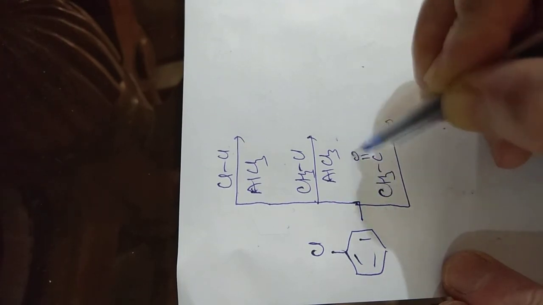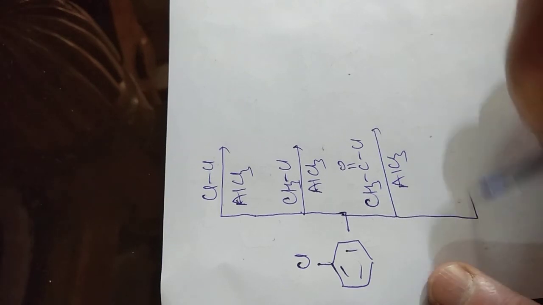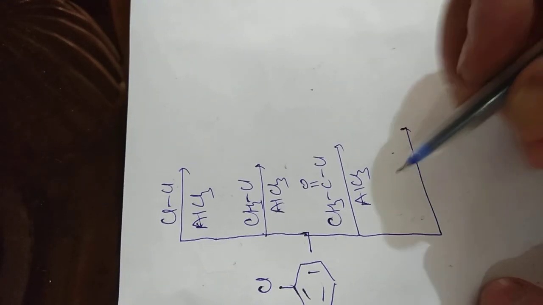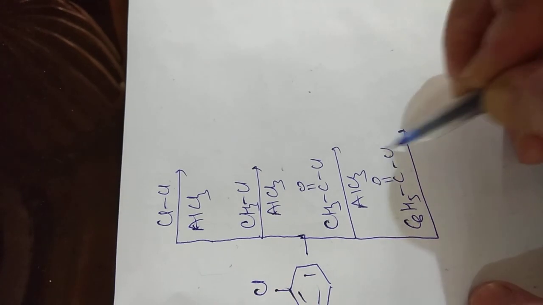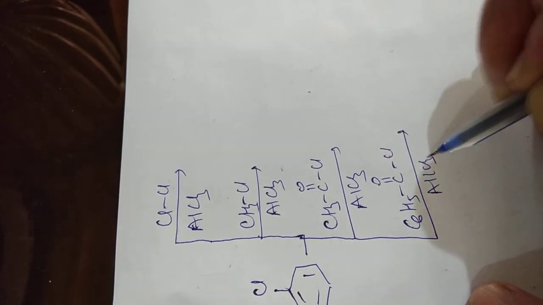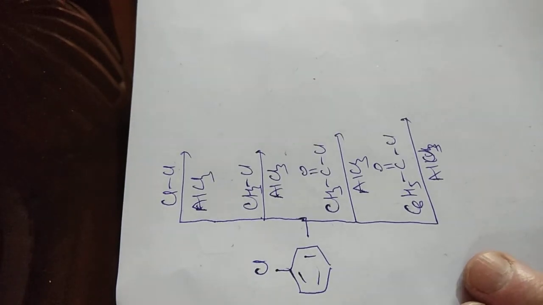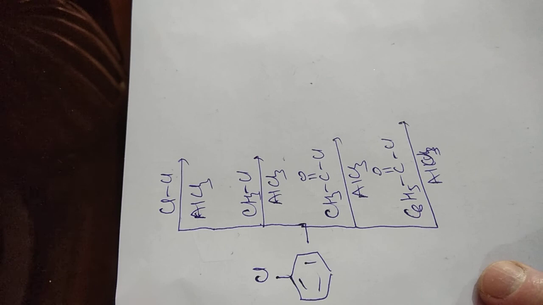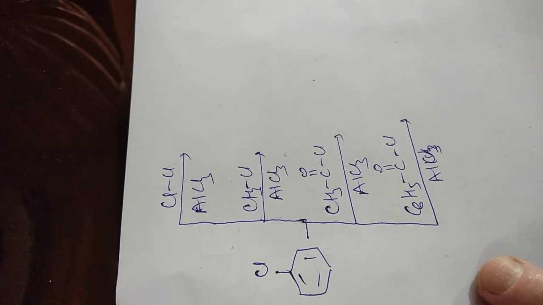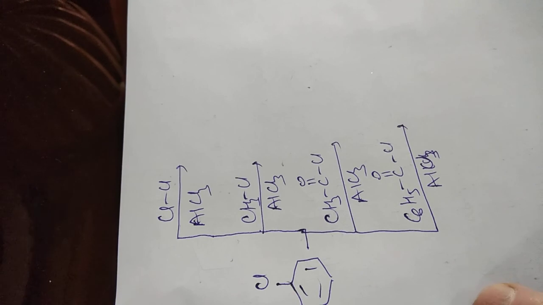For acetylation we will take acetyl chloride, and for benzoylation we will take benzoyl chloride with anhydrous AlCl3. Now you can see in all these four types of reaction we are taking anhydrous AlCl3. The purpose behind it is that it will generate the electrophile.